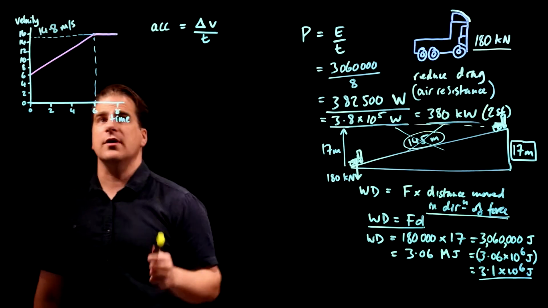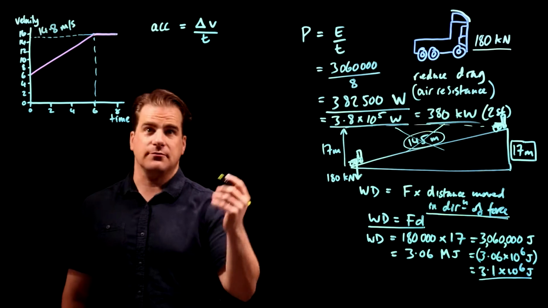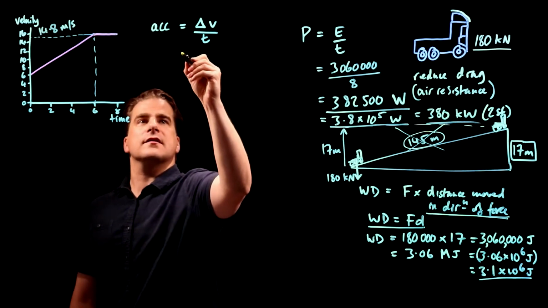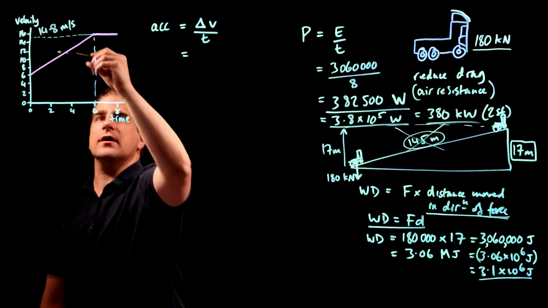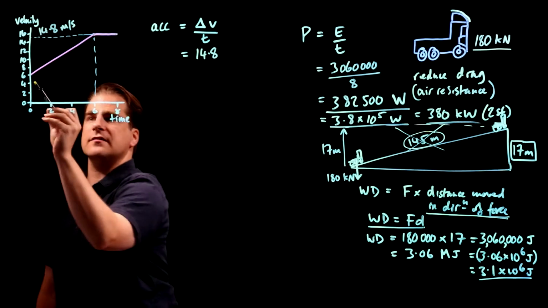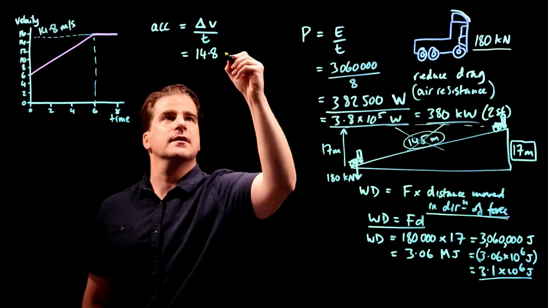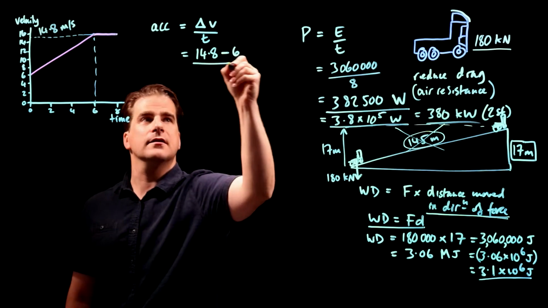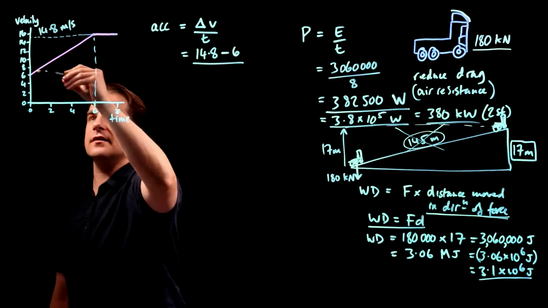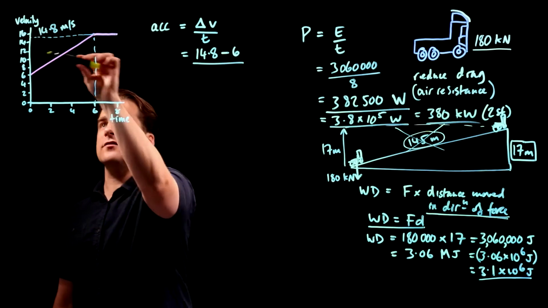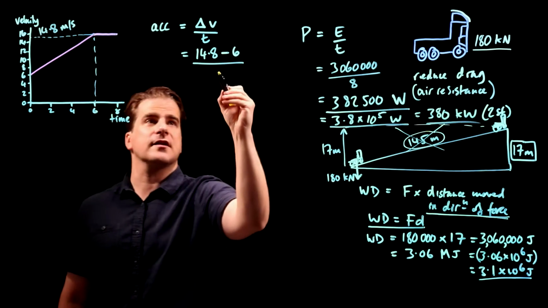Right, so we've got the equation. They made sure we'd written that down already. So that's a hint. So acceleration, change in velocity. Well, it finishes at 14.8. And what did it start at? 6. So the difference, you subtract. That's the delta V. So 14.8 minus 6 is delta V. And it changes that velocity in a time of 6 seconds.